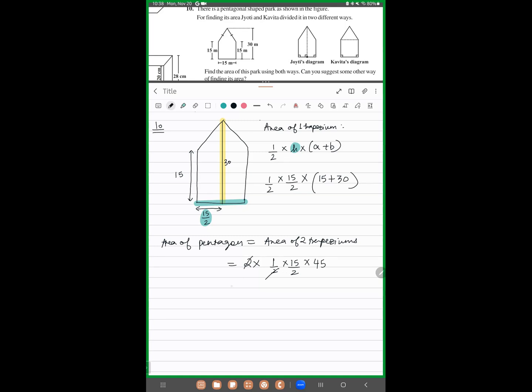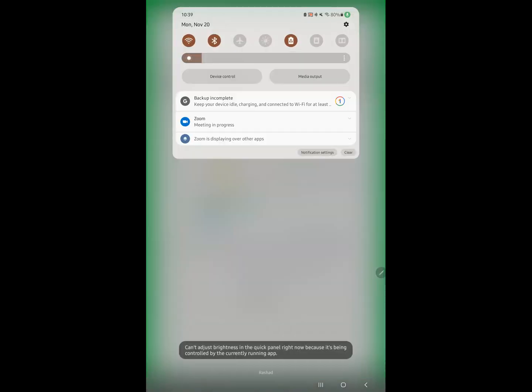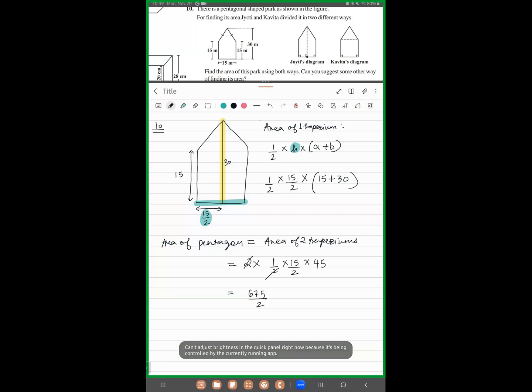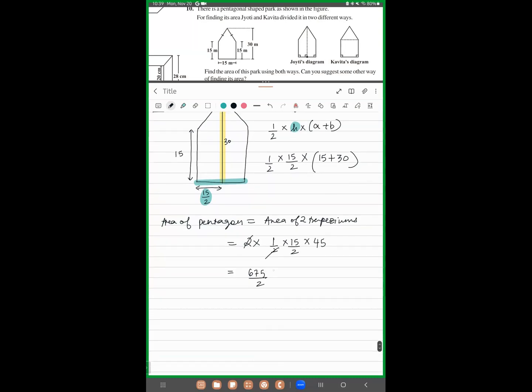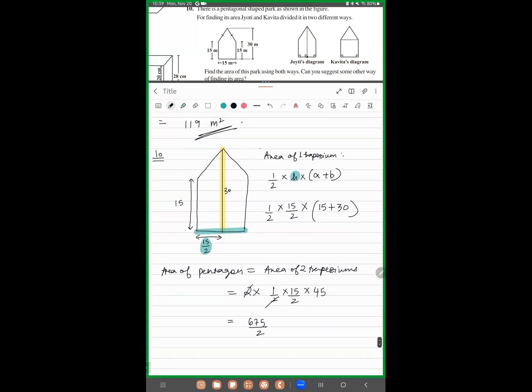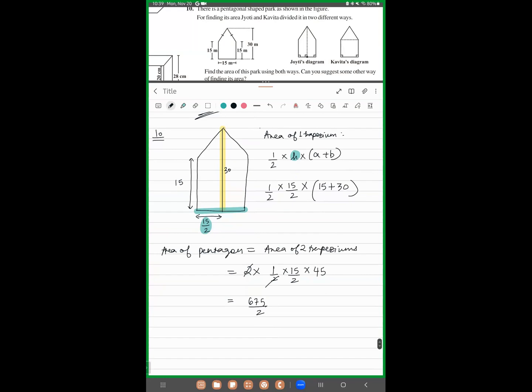So how much do we get? 675 by 2. Is that correct? Let's just leave it as 675 by 2 itself. Do it till here, then we'll move on to the other.